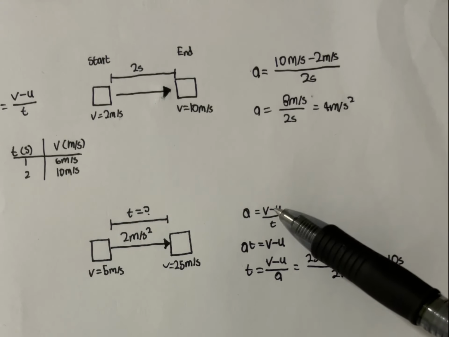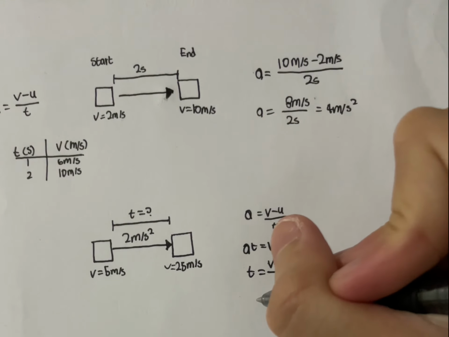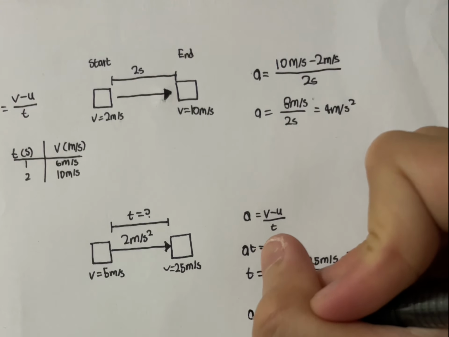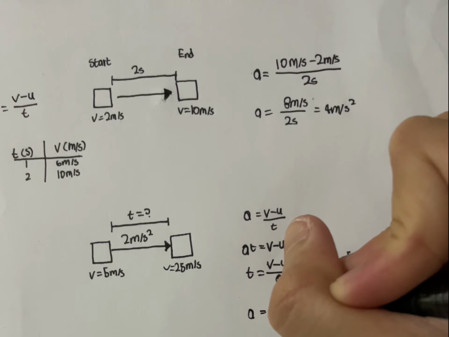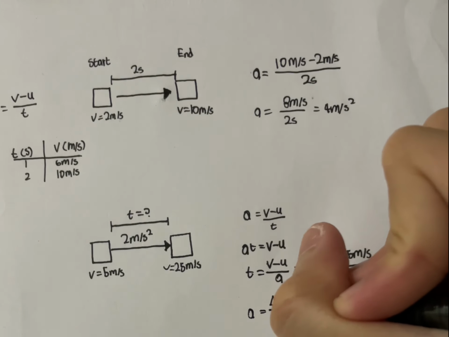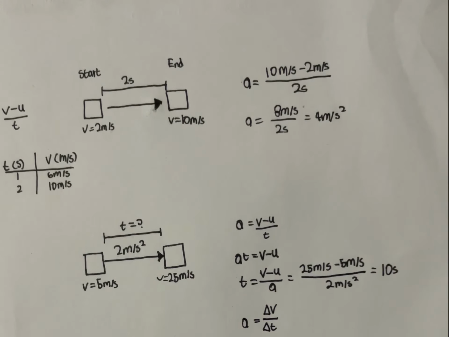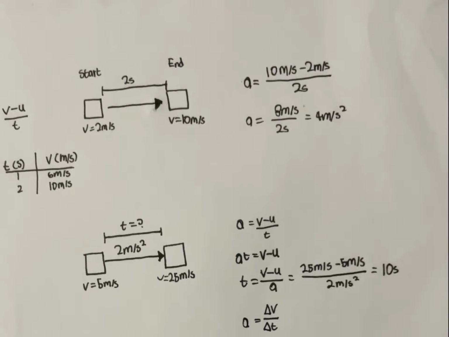Well, another way of thinking about it is that you could technically take acceleration as the change in velocity, delta V, over the change in time, delta T. That's another way of thinking about this formula. And in fact, we can graph this car's acceleration. But I think that will be for a different day.